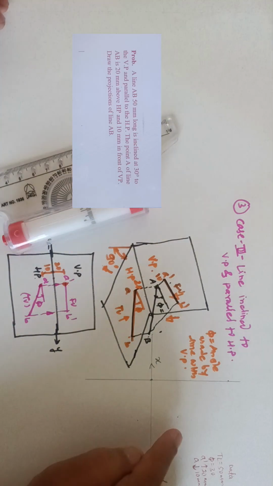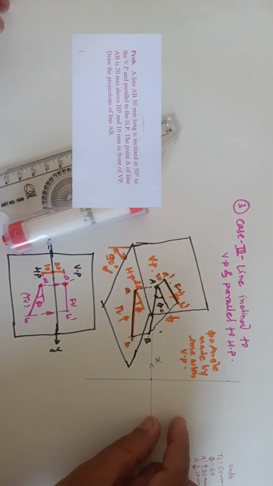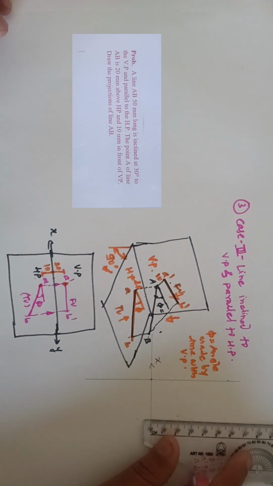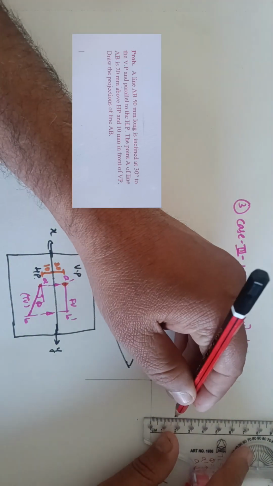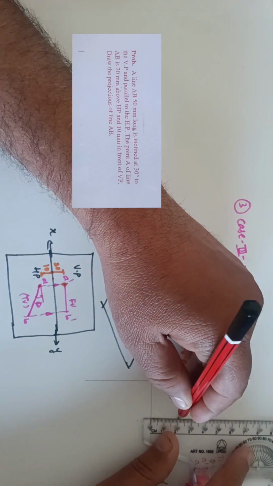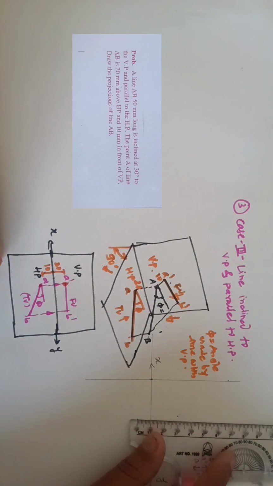Now we have to locate the point A dash 20 mm above XY and point A 10 mm below XY. So first we mark the point at a distance of 20 mm above XY and 10 mm below XY.